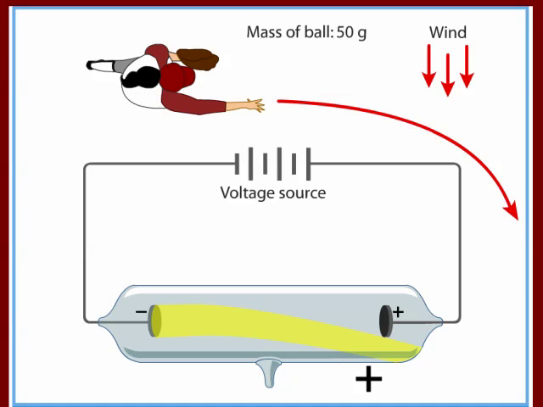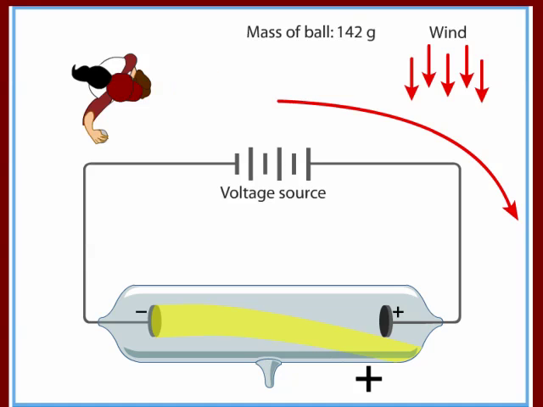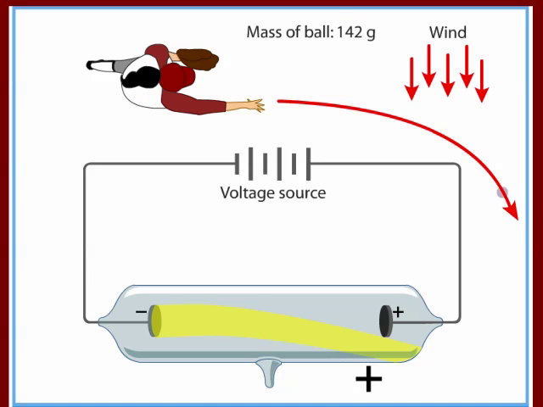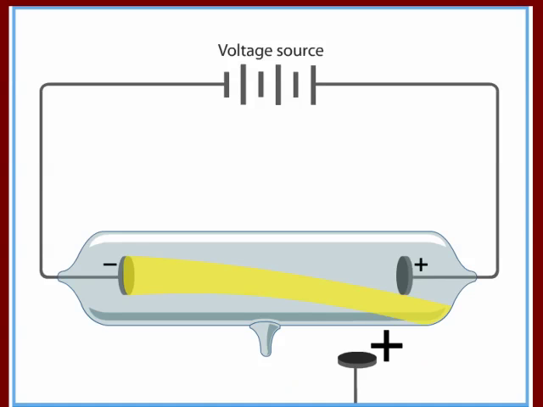The mass of the ball is one of the factors that determines the path the ball will take. Similarly, if the wind were stronger and the baseball player used the original ball, the wind's effect would be more evident. The strength of the outside force is one of the factors that determines the path the ball will take. By observing the path of electrons in the cathode tube, Thomson was able to calculate the ratio of charge to mass of an electron.